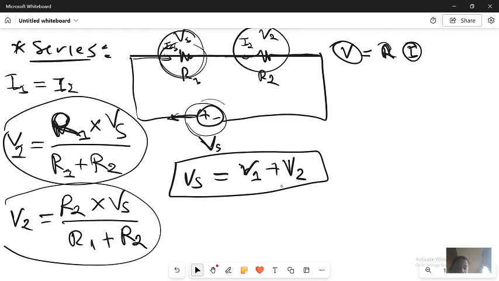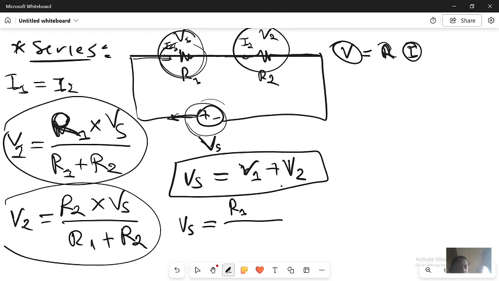Now, if we replace this here, what is the value of V1? V1 was R1 from voltage division.